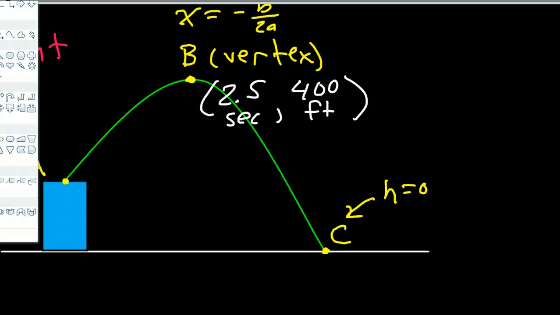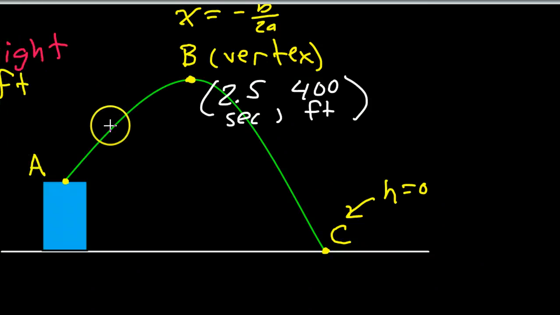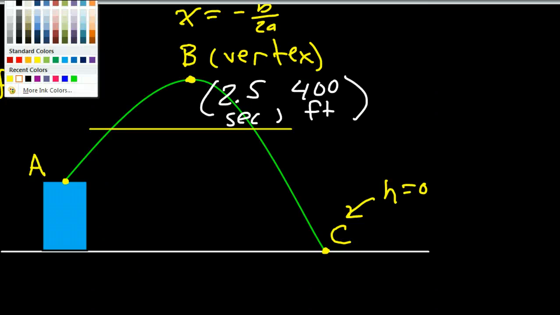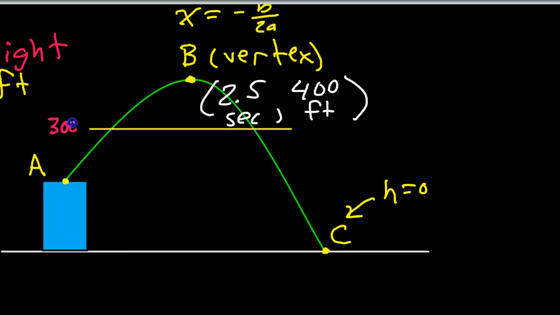Somewhere in this area, at some point along the way, the object is going to reach this height of 300 feet. And actually it's going to reach this height of 300 feet twice.